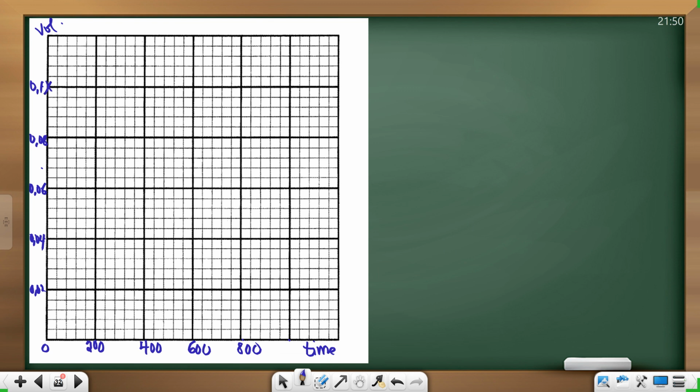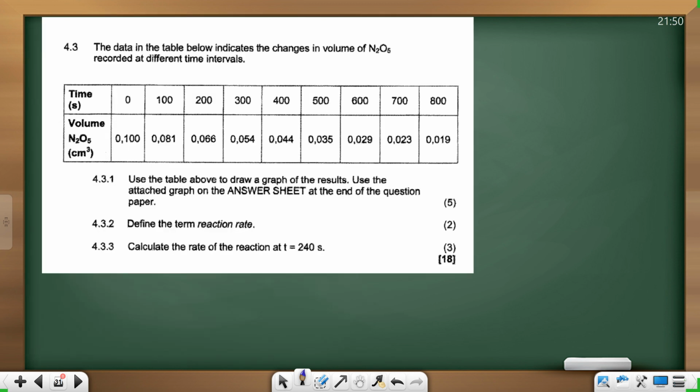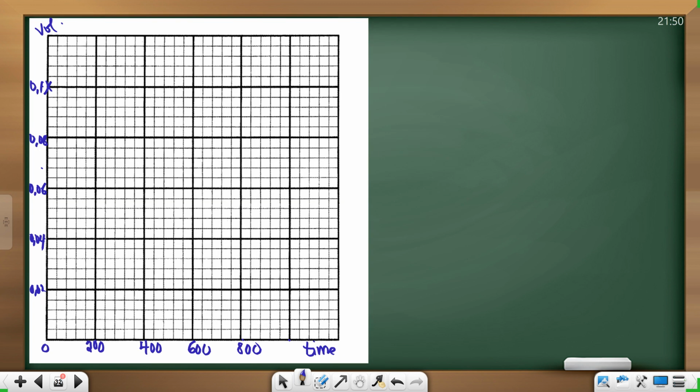Okay, there we go. Number 2, 100 and 0,081. 100 is somewhere in the middle there, exactly half. 0,081, 082, 084, 086. I hope it's making sense. So 0,081 is somewhere there.